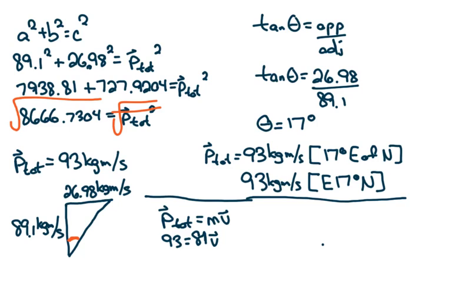Divide both sides by 81, going to 2 sig figs. We would get 1.1 meter per second. And a direction as well, which would be the exact same as the momentum, 17 degrees east of north.